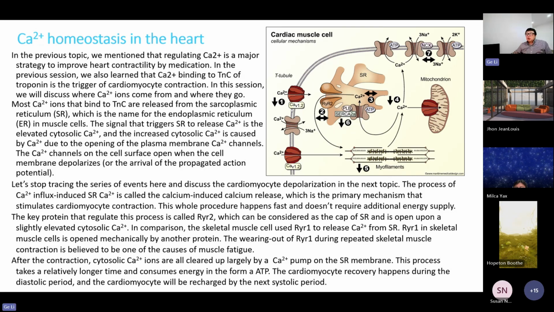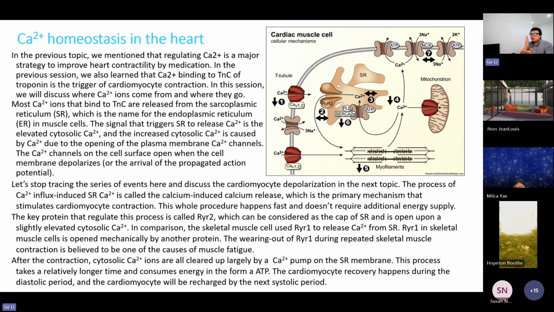In the case of troponin, there are three subunits, and one of the subunits particularly binds to calcium. The calcium binds to the troponin, changes the troponin shape, and then makes the troponin remove the tropomyosin from the actin activation site.